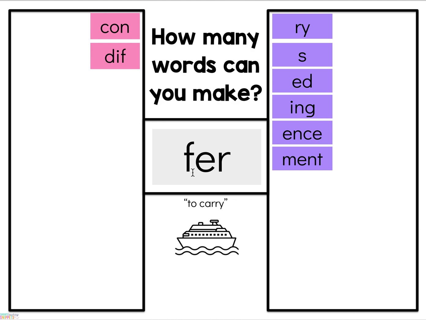So we need both those F's. And then I can say, what other words can you make if you add certain suffixes? Well, if we add S, we have differs. If we add ED, we have differed, differing, difference, and then I guess deferment is probably a word. You could always look it up too.